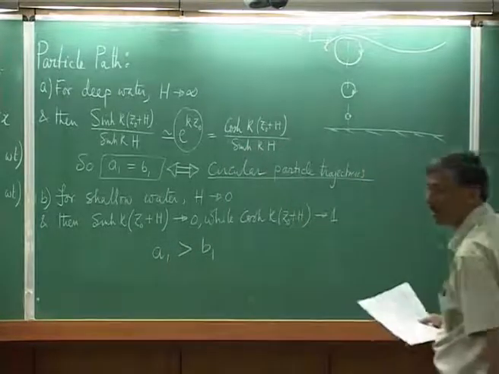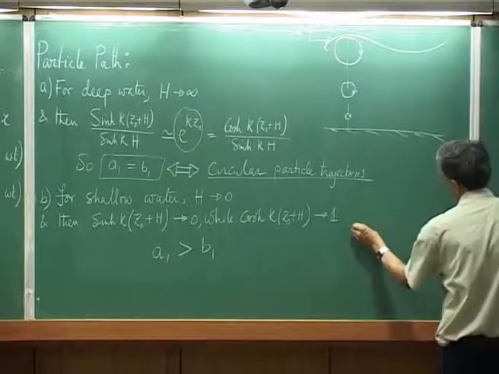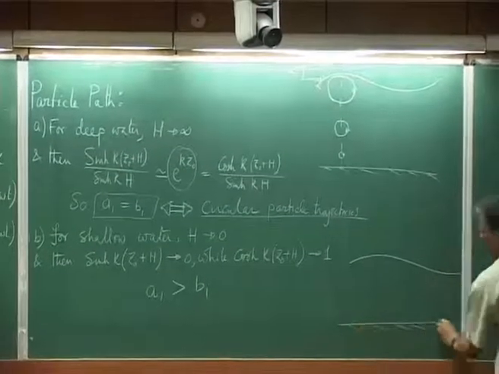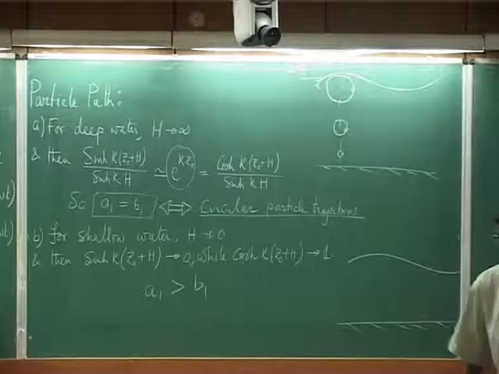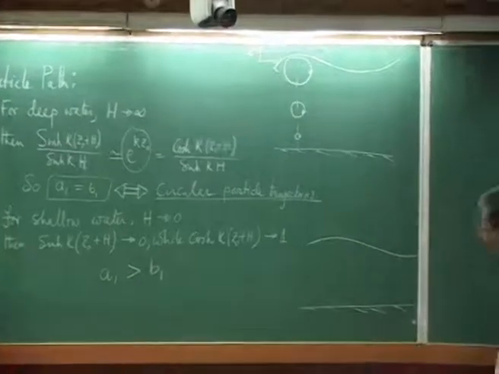So, what we are going to see in this case is, of course, elliptic trajectories with the semi major axis elongated as compared to the semi minor axis.